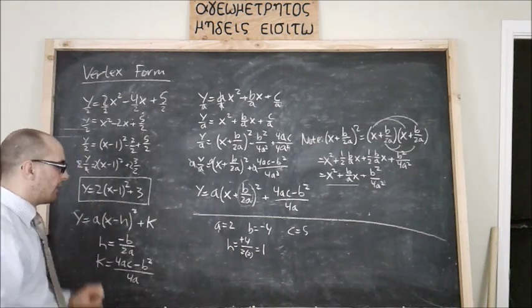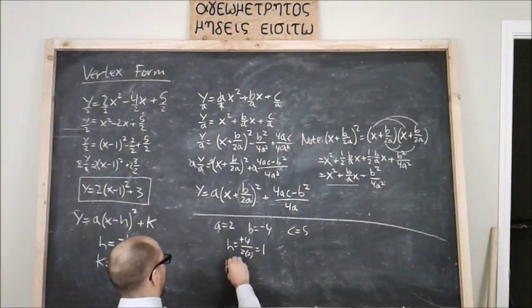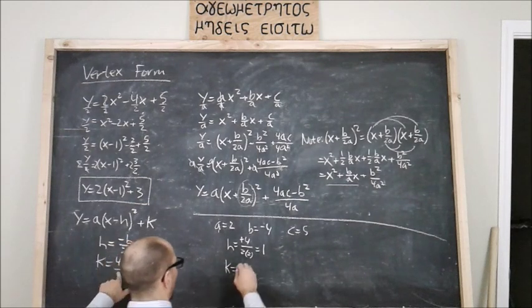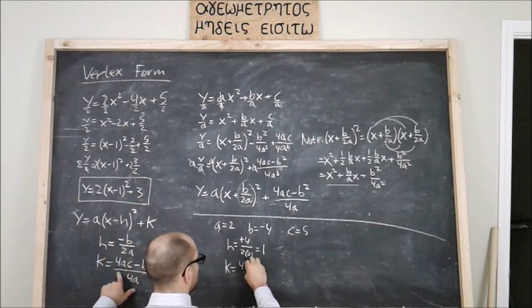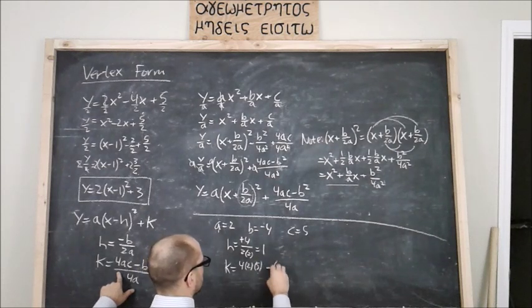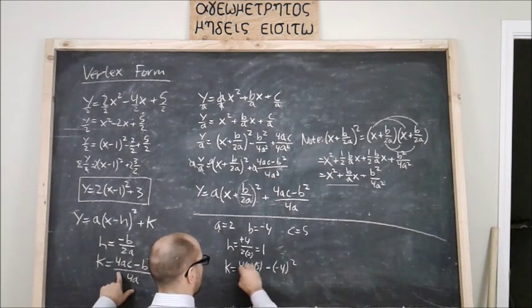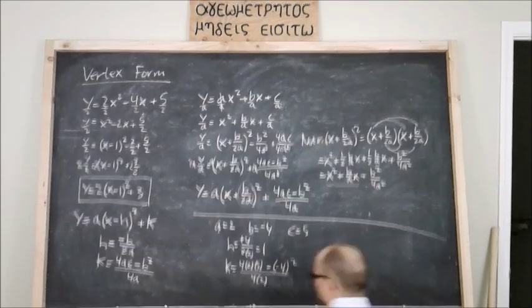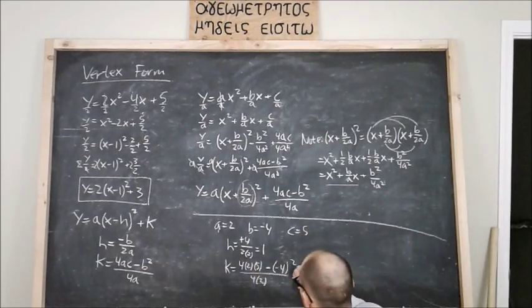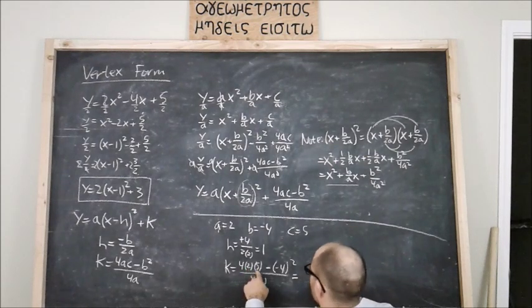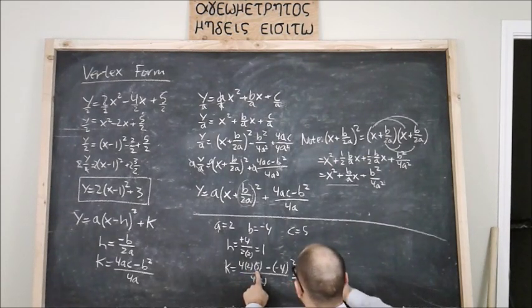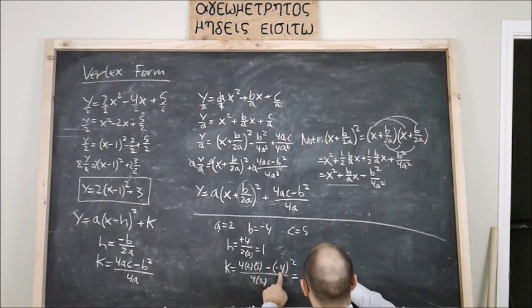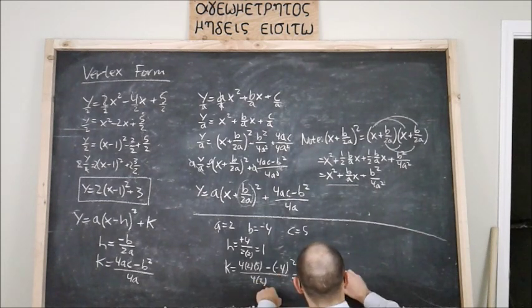Okay, that looks good. How about K? K is equal to 4AC. So 4 times 2 times 5 minus B squared. That's -4 squared divided by 4A. Okay, so I'm plugging in my numbers. 4 times 2 is 8, times 5 is 40. -4 squared is 16. 4 times 2 is 8.